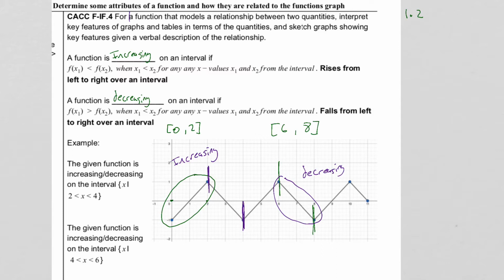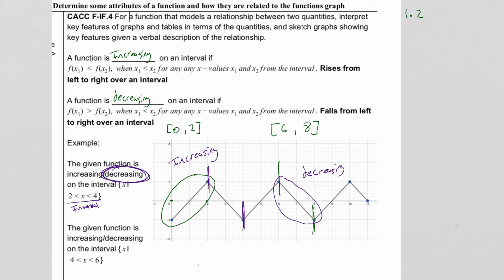I'd have to say it's falling, so this function is decreasing over this interval. And here's your interval. This is right from the stuff we worked on last section, and that's why knowing intervals was important, so we could communicate about these graphs, and we'll know what we're talking about with each other.